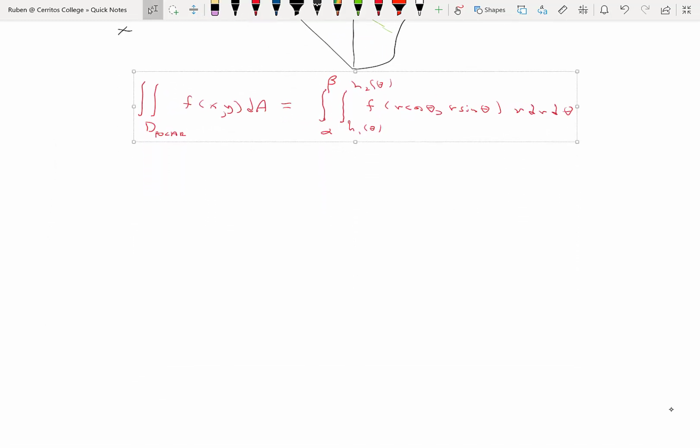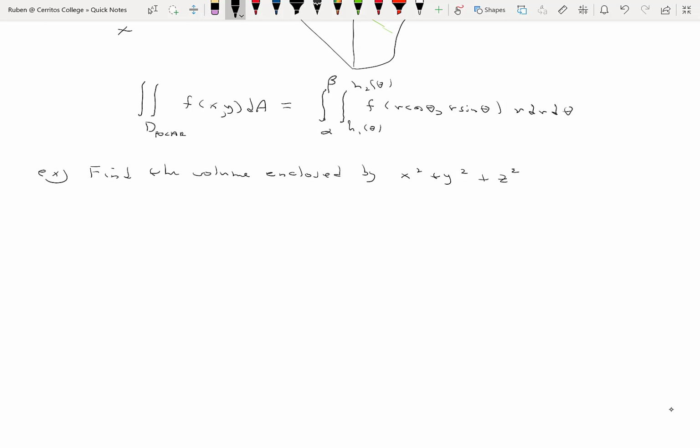The example is still, like I said before, with the exception of our very last example, involving the volume of a portion of a sphere. Okay, so example. Find the volume enclosed by the sphere x squared plus y squared plus z squared equals 16.